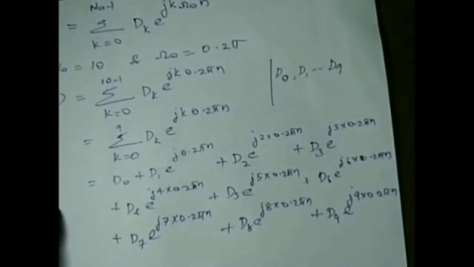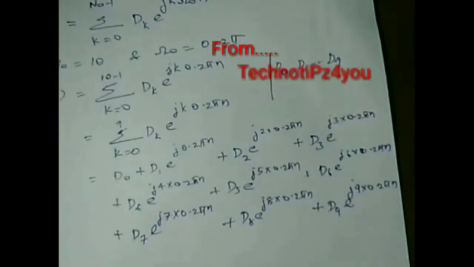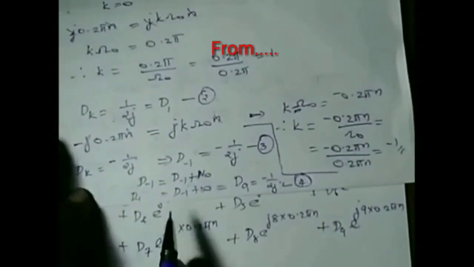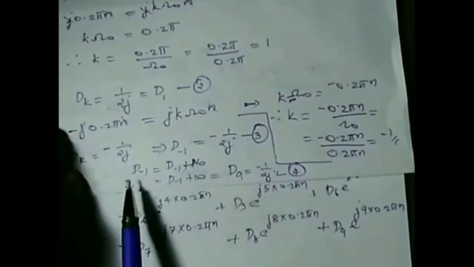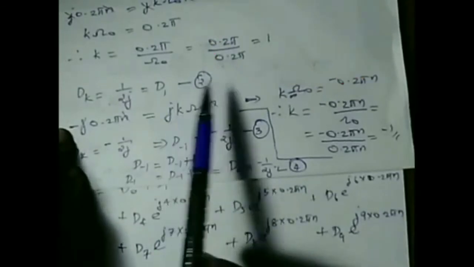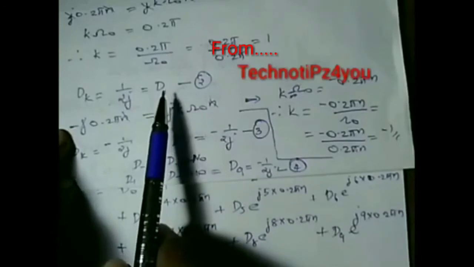But we have only two Fourier series coefficients as per the given signal x of n. That is, we have only d1 and d minus 1, which is equal to d9. We have proved that. As per the given signal x of n equal to sine 0.2 pi n, we have only two Fourier series coefficients, d1 and d9.